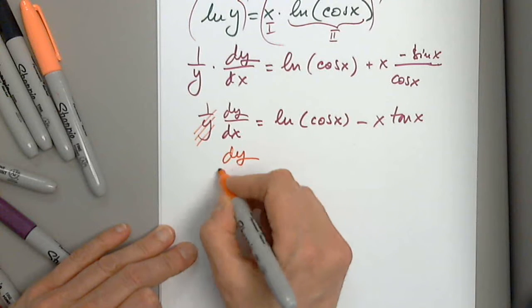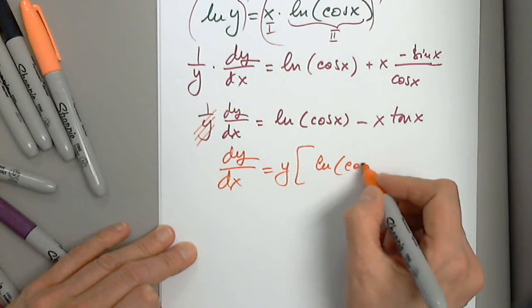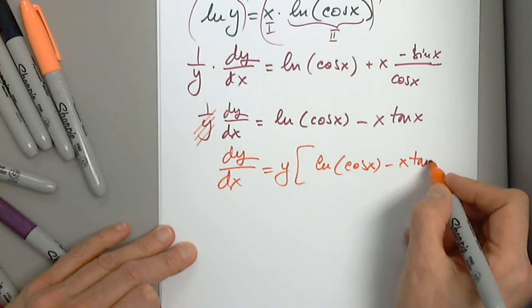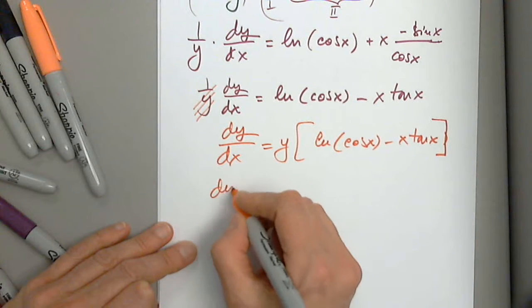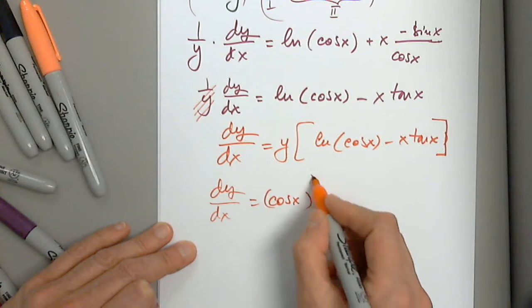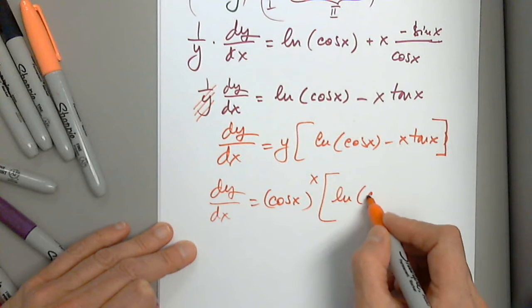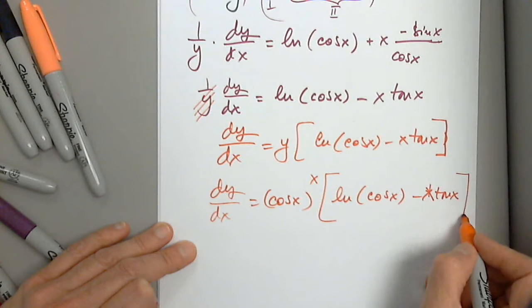So then I will write dy over dx equals y, natural log of cosine x minus x tangent x. And then in the final step, I replace y by cosine x raised to the x, natural log cosine x minus x tangent x.